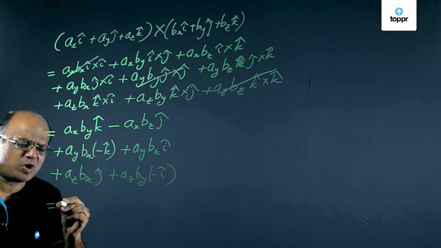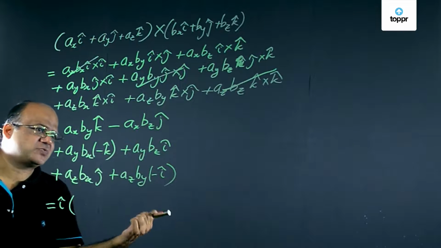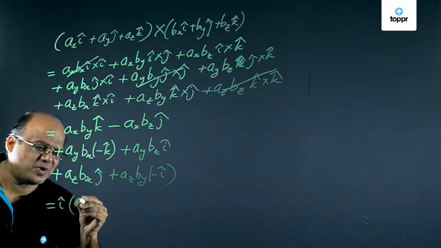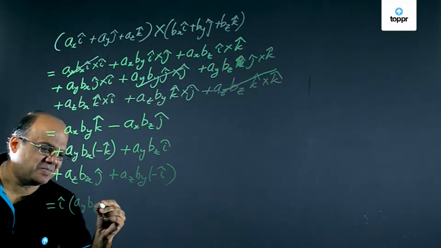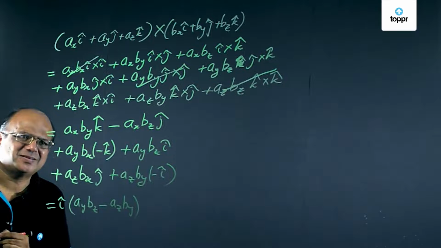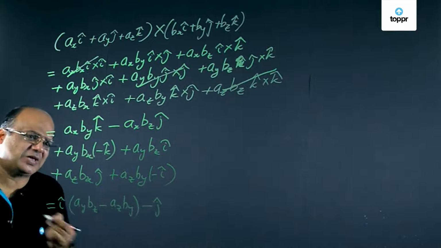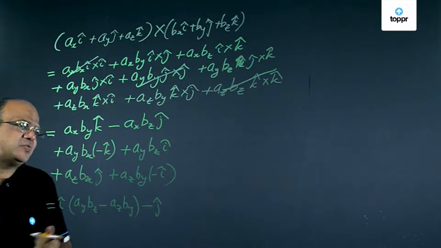Let us take i cap common. What do we get? i cap, there are 2 terms, here and here. Ay bz minus az by. Right? Now let's take minus j cap common. There's a reason for that. What is minus j cap?